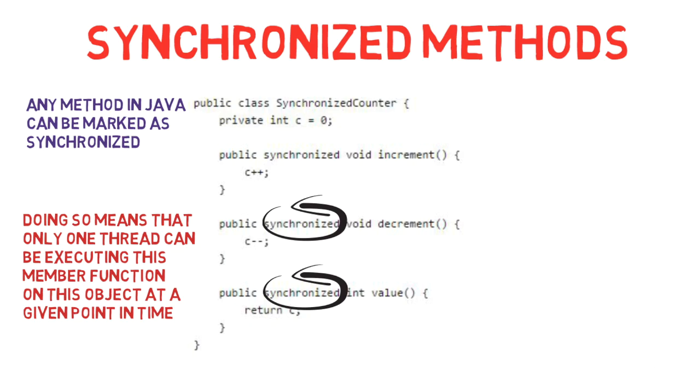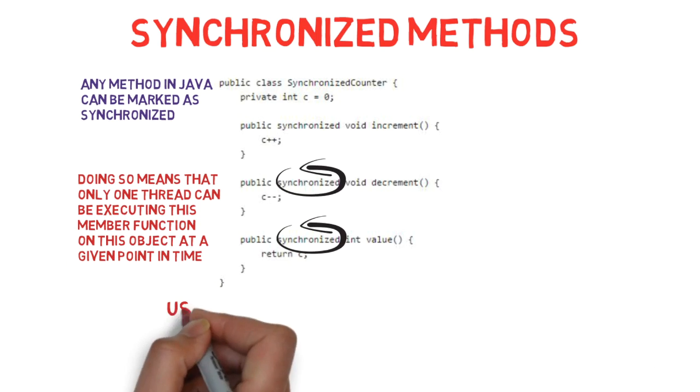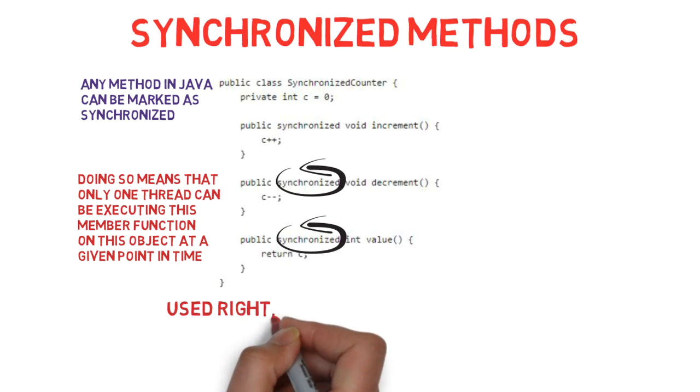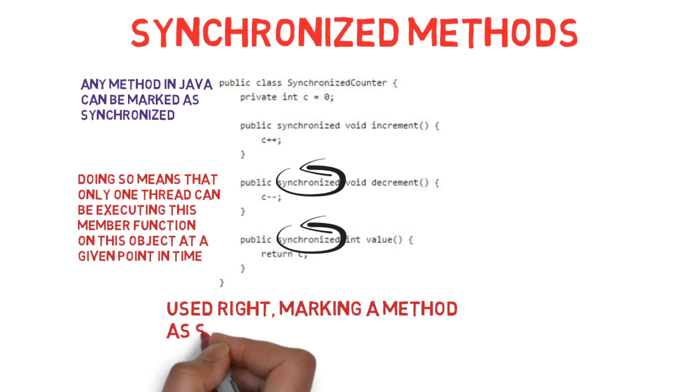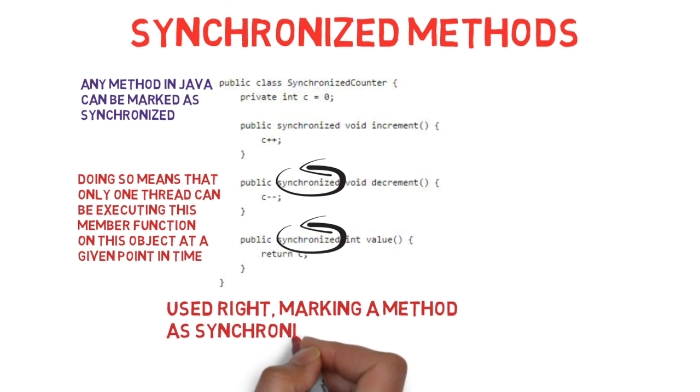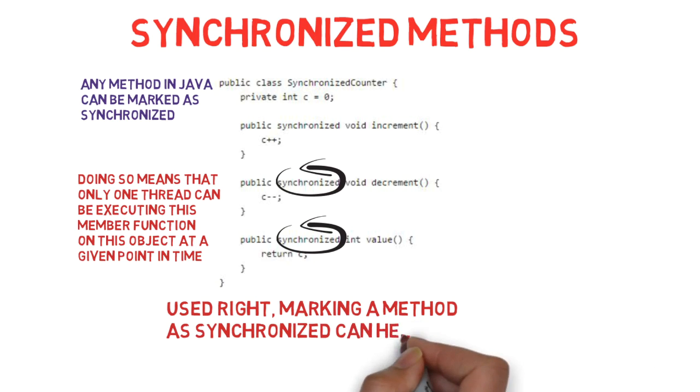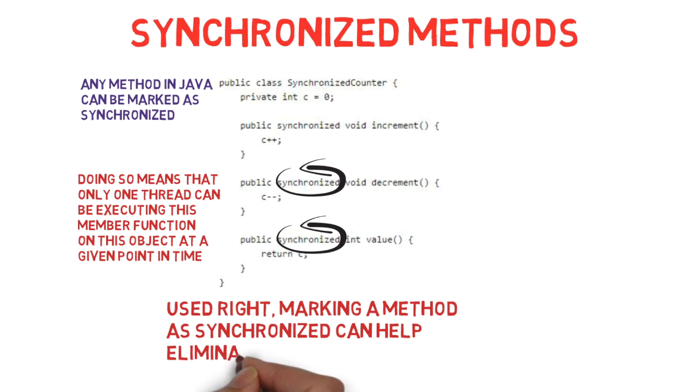Take a while and absorb what I just said. The synchronized applies to the instance of synchronized counter, so no two threads can execute any of these methods at the same time. Now, if you're very careful about making a method synchronized, this can hugely help eliminate thread interference and memory consistency errors.